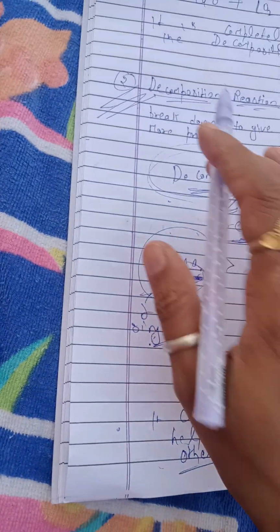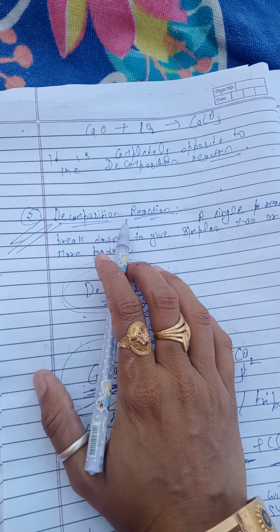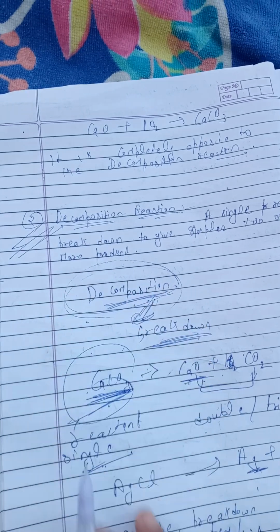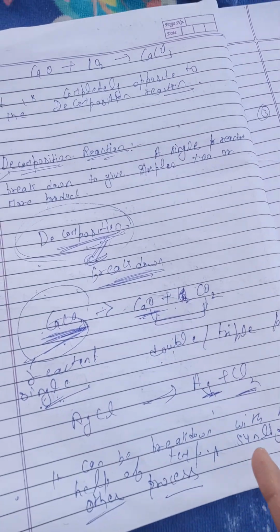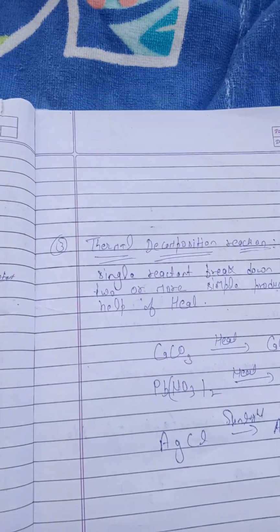It means when a single reactant is converted into two or more products, it breaks down with the help of temperature, sunlight, or different processes. So this is called the decomposition reaction.